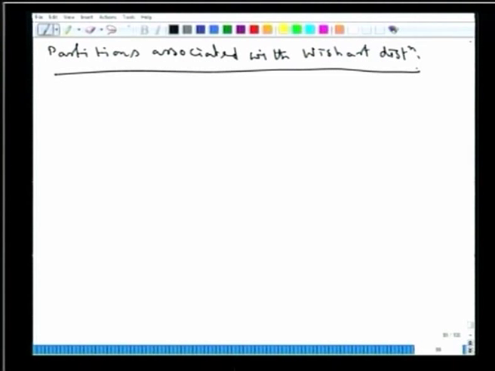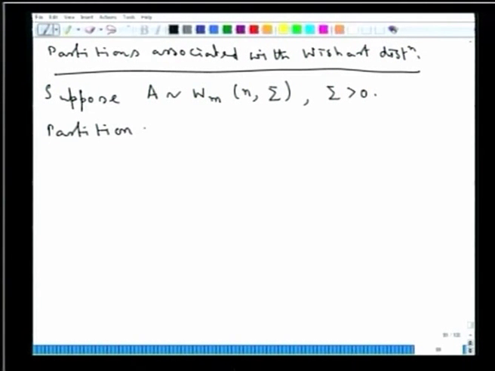Now let us make the following partition in the Wishart distribution, which we write as following. Suppose we have A to follow a Wishart distribution W_m(n, sigma), sigma of course associated to be positive definite. Now partition A and sigma as follows.